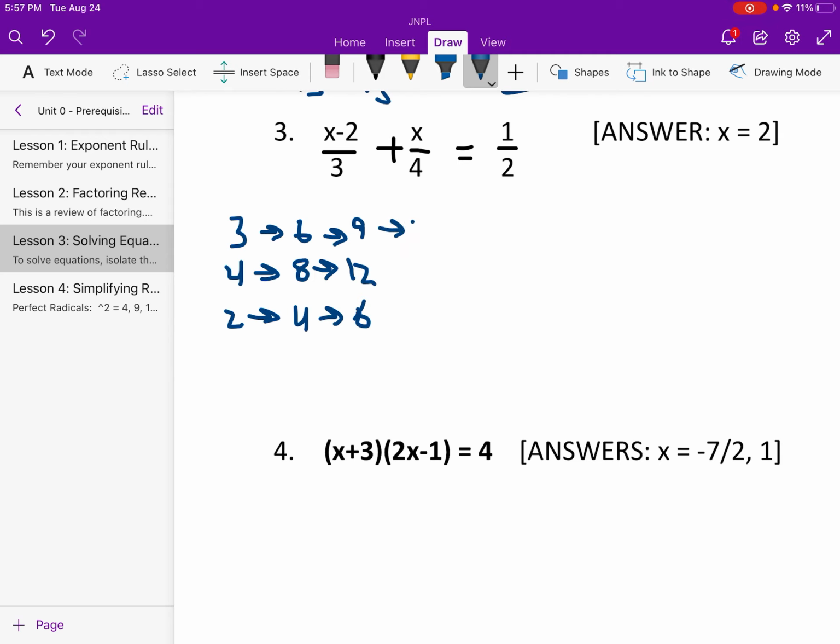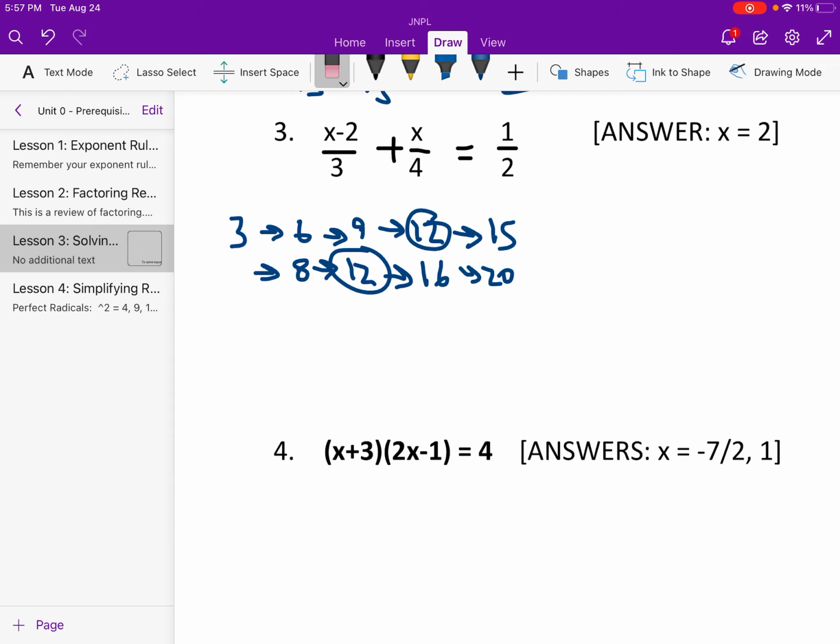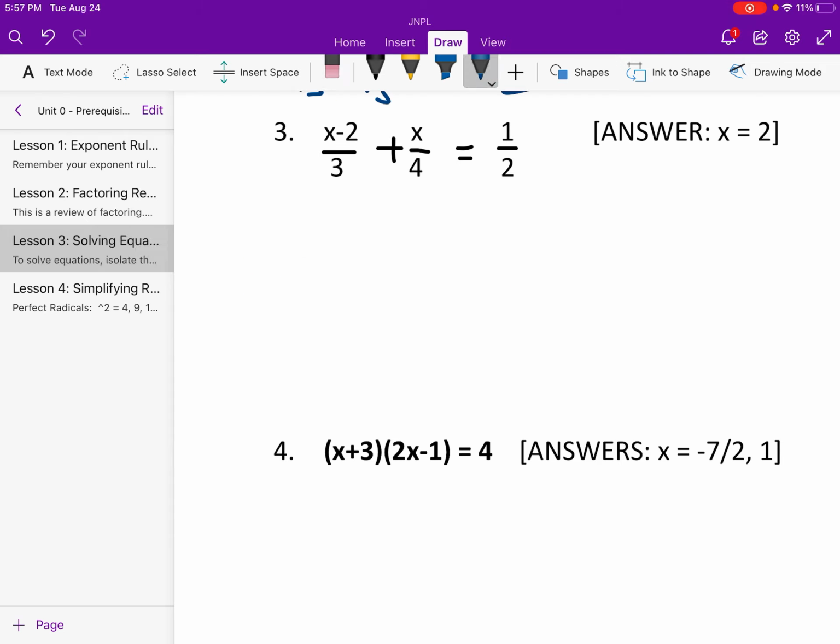Then you multiply by 4: 12, 16, 8, and then you multiply by 5, that would give you 15, 20, and then 12. And we see 12, 12, 12, there's a number that's on all of them, so that's how you know it's a common denominator, if you want to get technical. But usually you can just tell a number that can go into all of them.